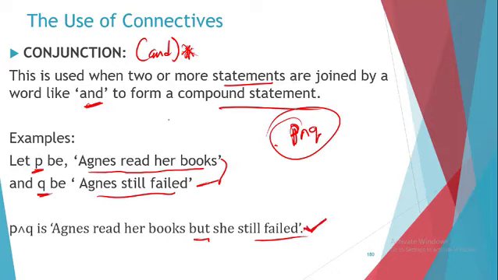For this connective, which is conjunction, we have other words we can use other than and.